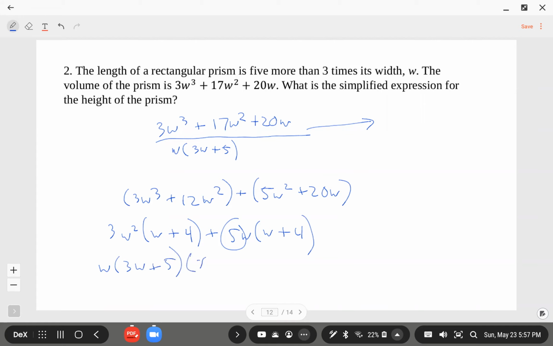And then lastly just w plus 4. Then we can just take w times 3w plus 5 times w plus 4 over w times 3w plus 5. Cancel, cancel. Answer is w plus 4. Okay, we are done here.